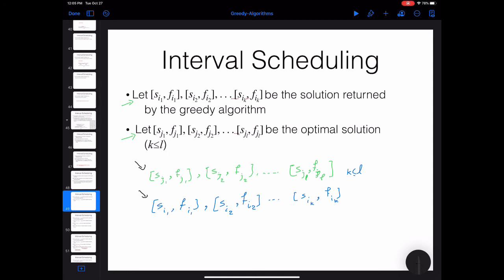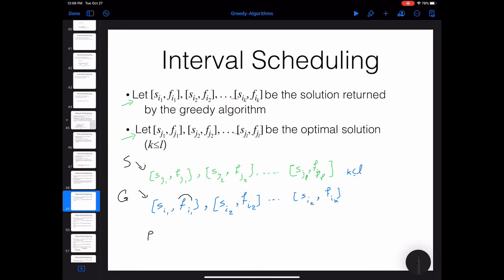Okay, so one thing that I know is the finish time in the greedy answer. This is greedy and this is the optimal answer. Let's just use S, maybe it's more like the previous notation. This is the optimal answer and this is the greedy answer.